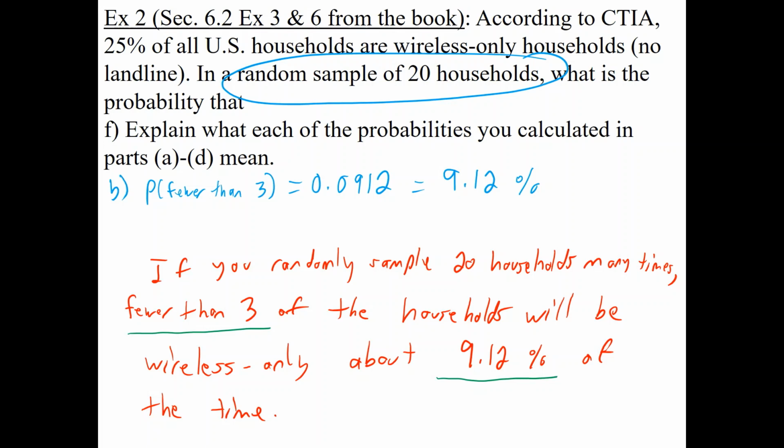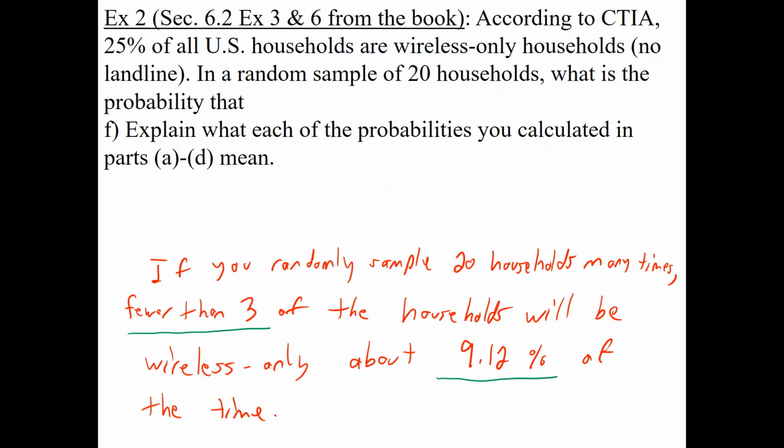Okay, let's go ahead and look at part C. For part C, we calculate the probability that at least 3 households are wireless only households, and that probability was 0.9088, which as a percentage is 90.88%.